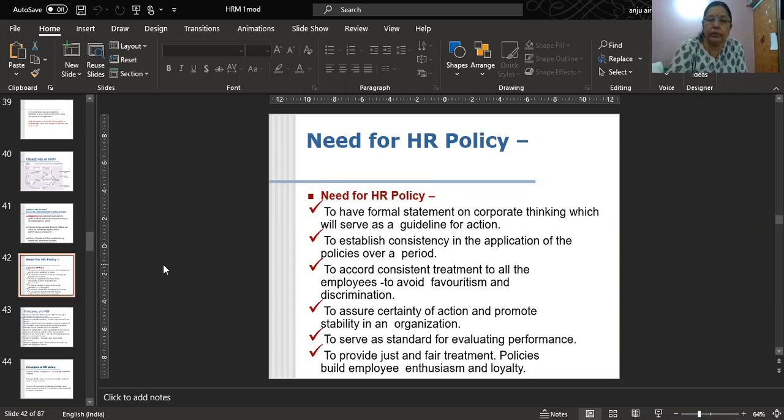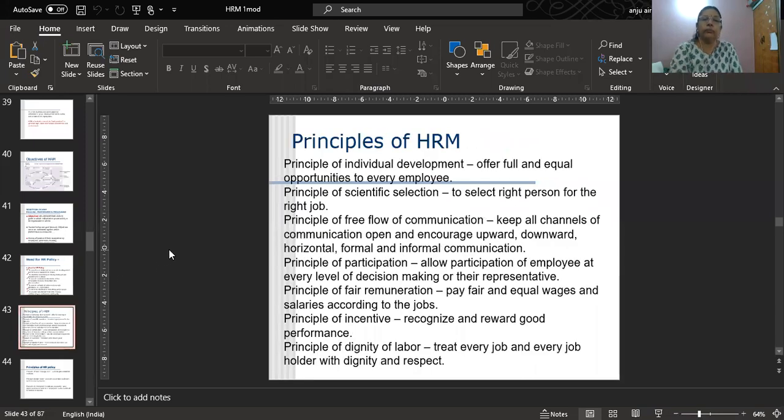So the HR policy is very good in organizations. It is a guideline to give fair treatment to employees, to make the employees more committed and loyal, and to make them passionate about their jobs.